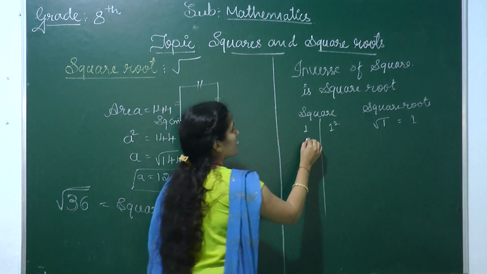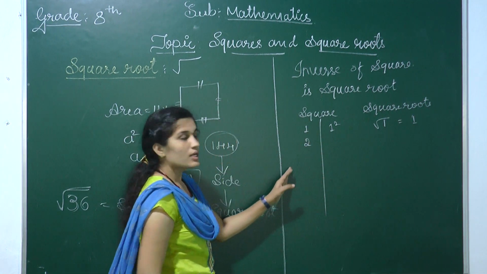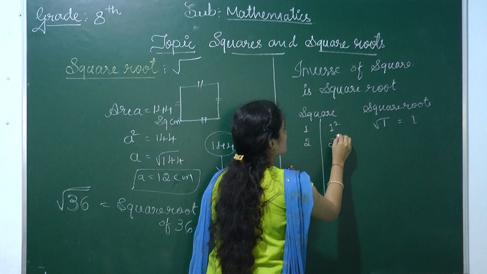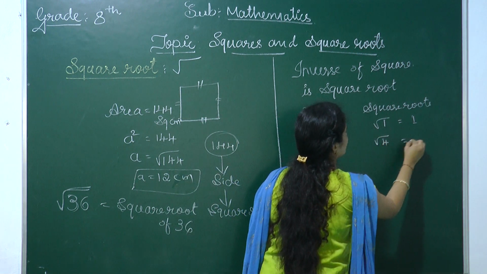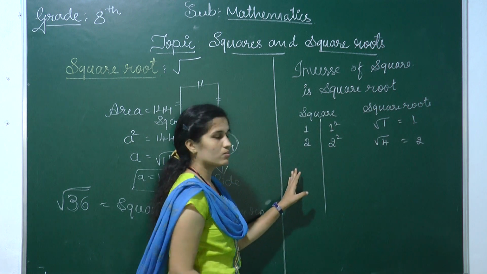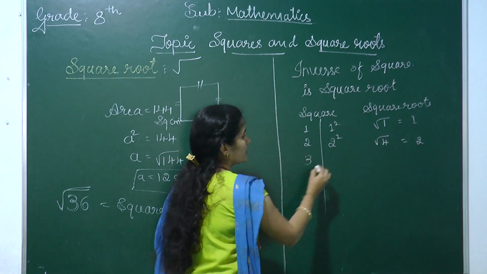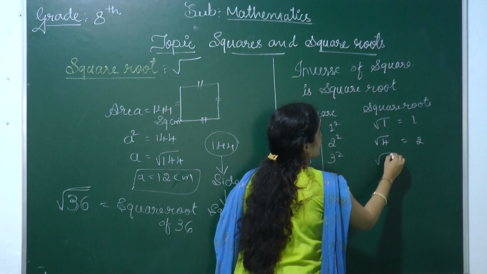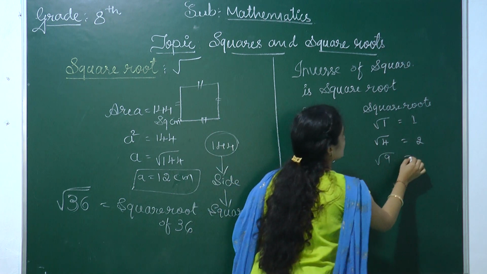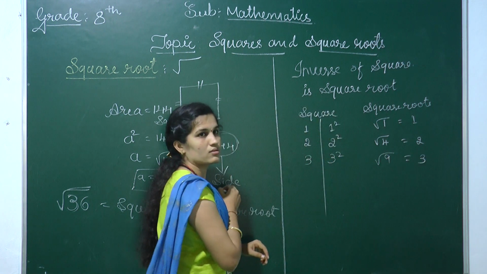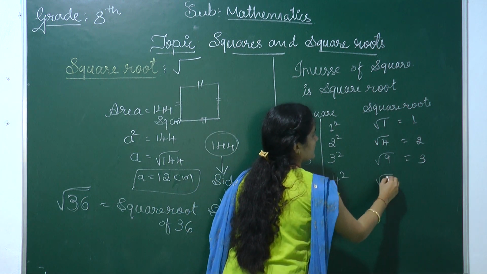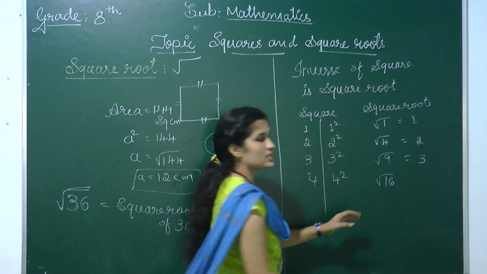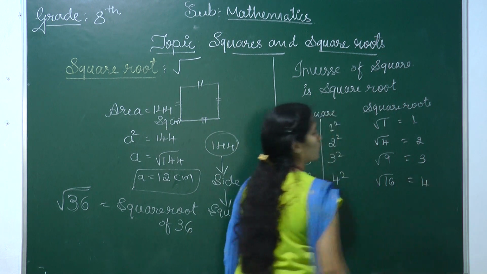Again, I have taken 2. 2 squared is 4, and the square root of 4 is equal to 2. 3 squared is 9, and the square root of 9 is 3. 4 squared is 16, and the square root of 16 is 4.